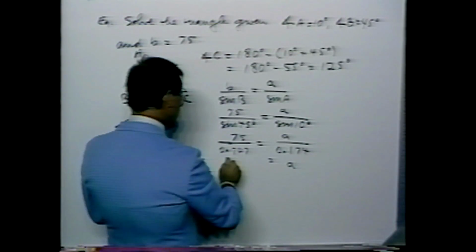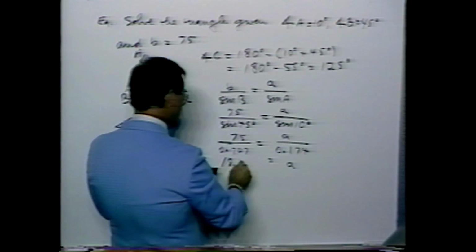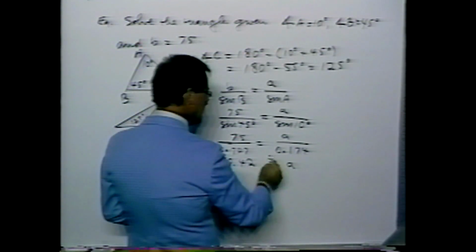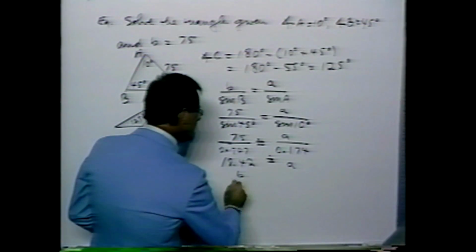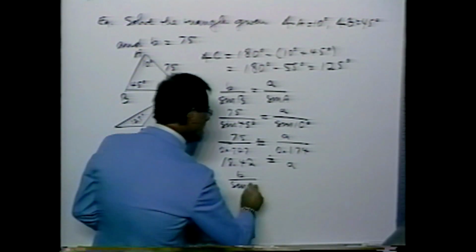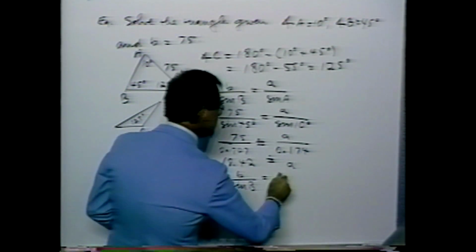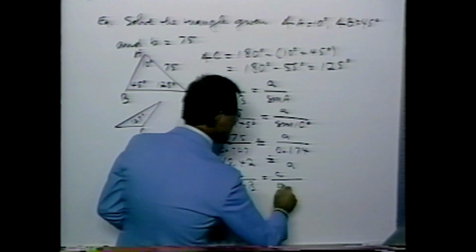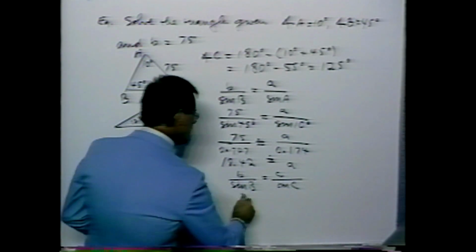And we have 18.42 approximately. Continuing, we'll use b over sine B again, but this time we'll use c over sine of C.